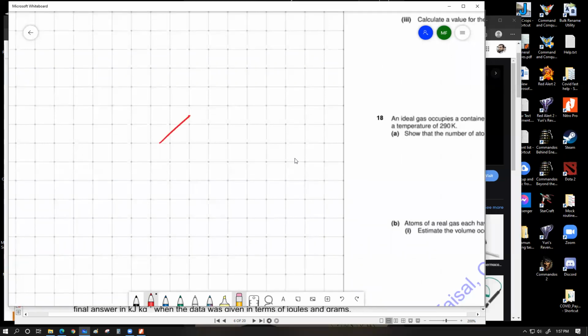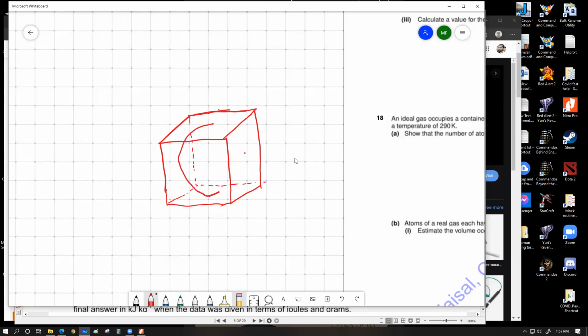If you have a sphere which is stuck inside a cube, so if you consider that this is a certain atom, I've drawn this cube shape for visualization of the space around.